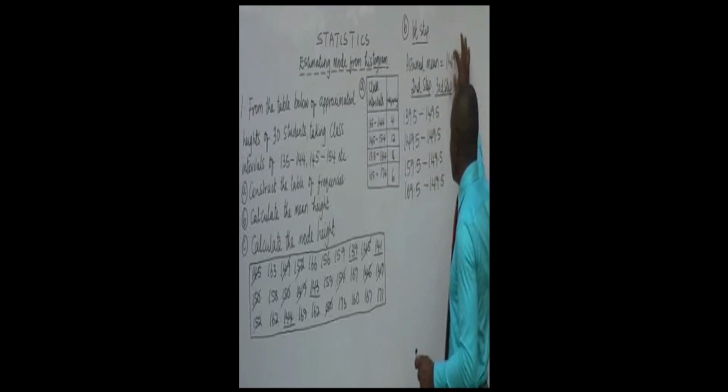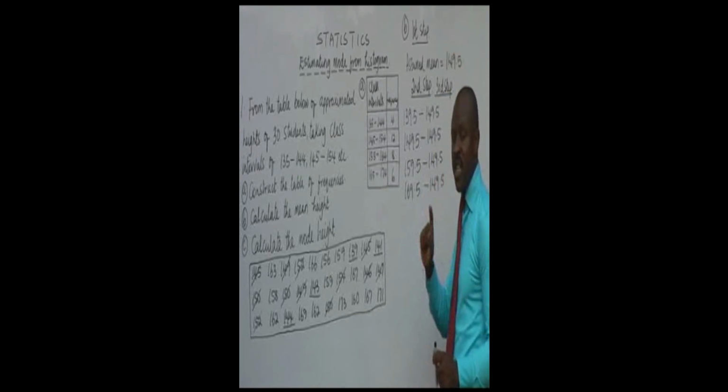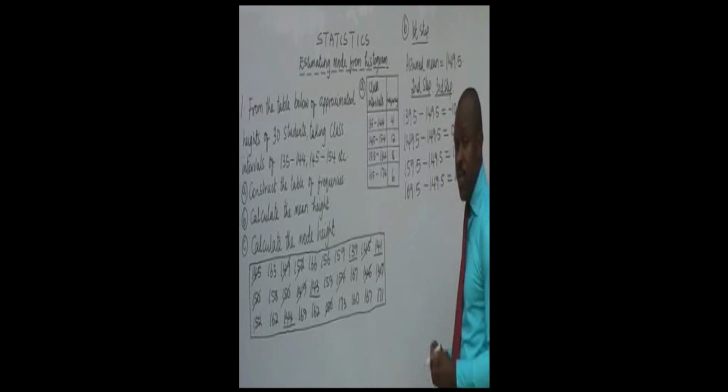Subtract your assumed mean from each and every one of them. After subtraction, this is going to give you minus 10, this is going to give you 0, this is going to give you 10, and this is going to give you 20. You can confirm using your calculator.